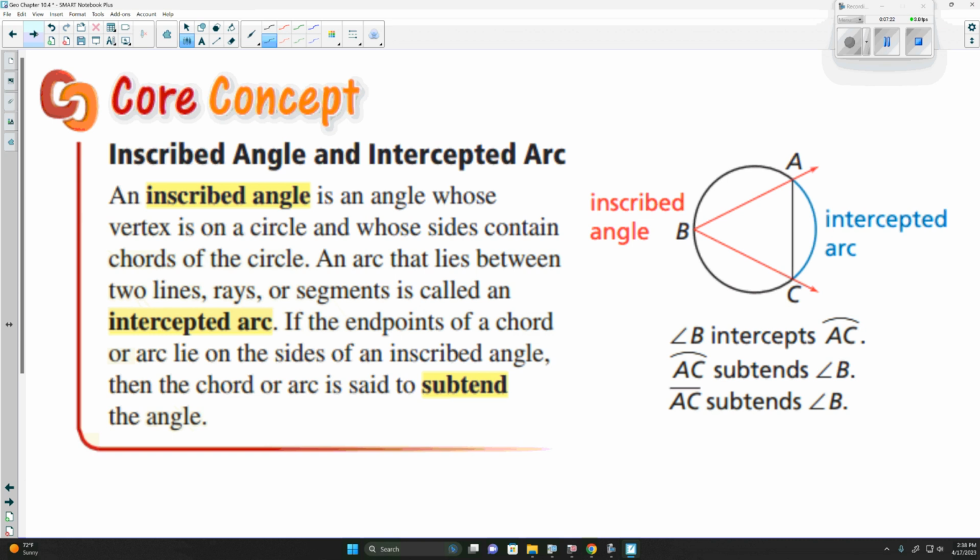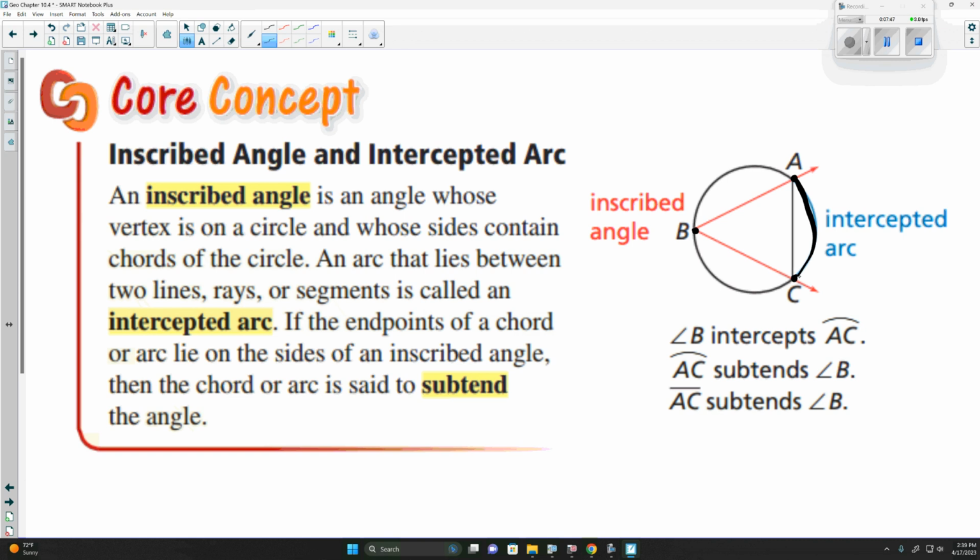So, an inscribed angle is an angle whose vertex is on the circle. Its endpoints, where those two sides of the angle intersect the circle, form the intercepted arc.